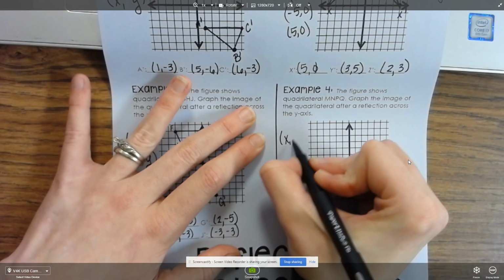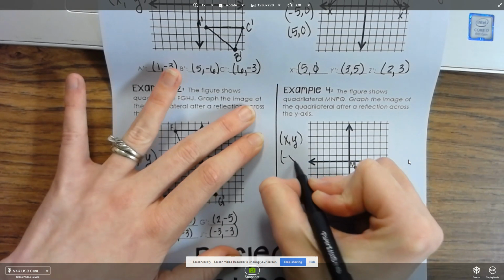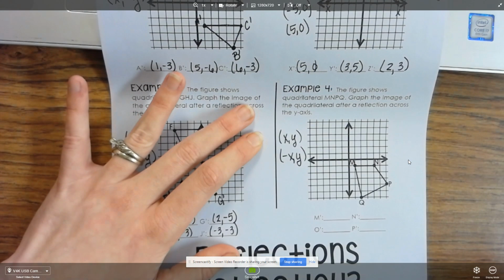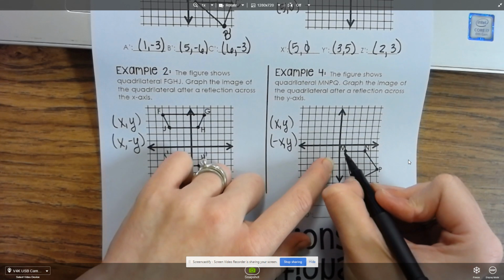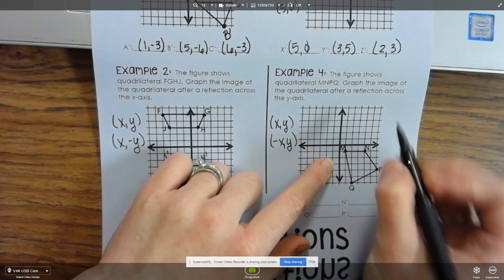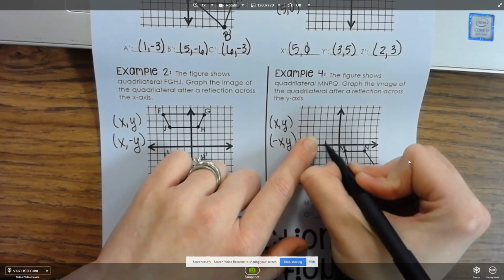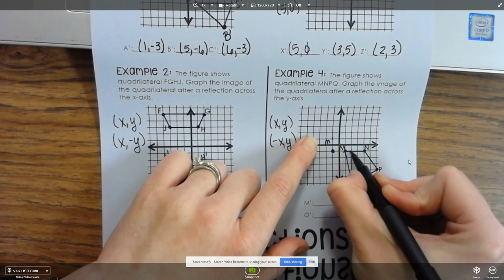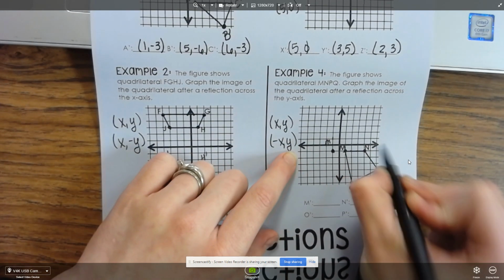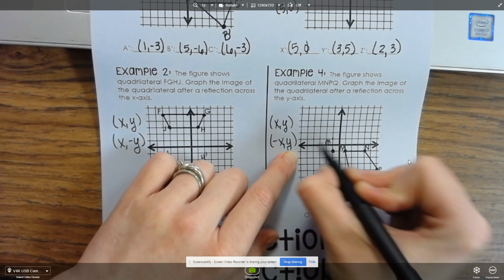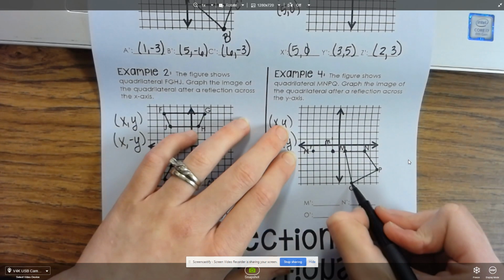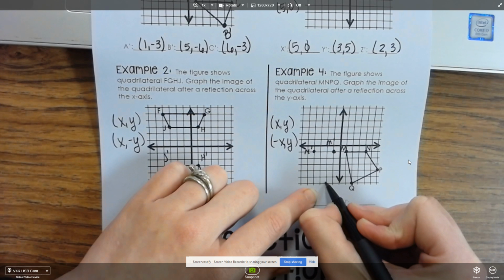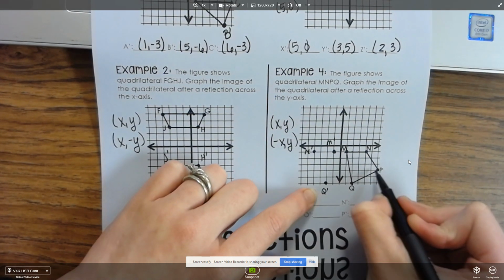All right, and then one more time across the Y axis. So again, we're changing the sign of the X. So here, the X is at +1. So now it's going to be at -1. Here it's at 4, so it would be at -4. Here it's at 2, so it would be -2.